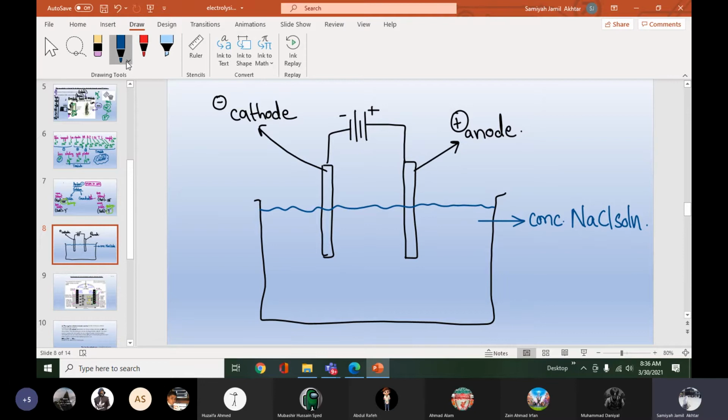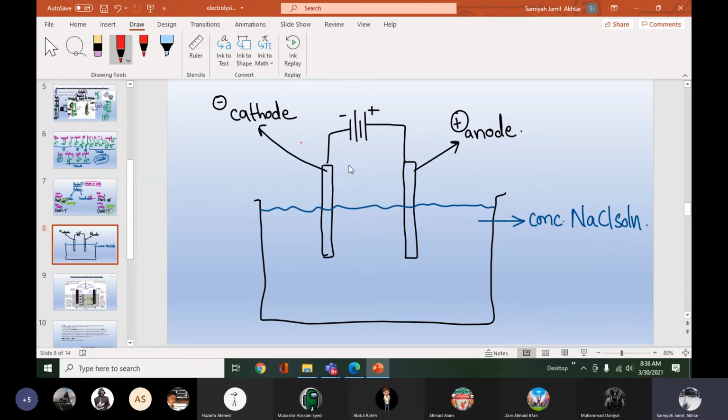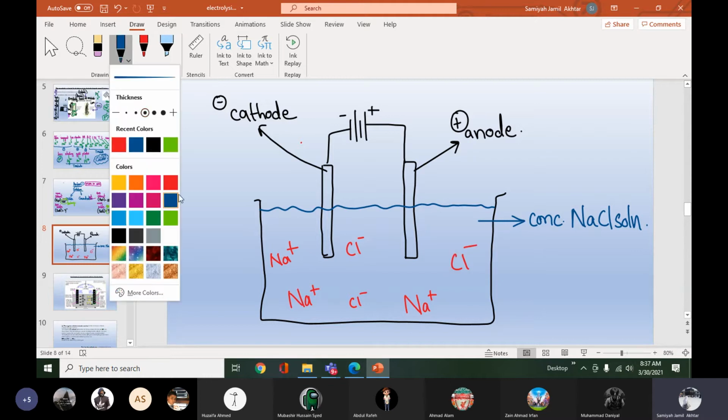Now when we pass the electricity, boys, leave everything and look at the screen and listen to me. When we pass the electricity, sodium chloride will break and the water which is present will also split. From sodium chloride, we will get sodium ions, Na positive, and chloride negative ions in the solution.